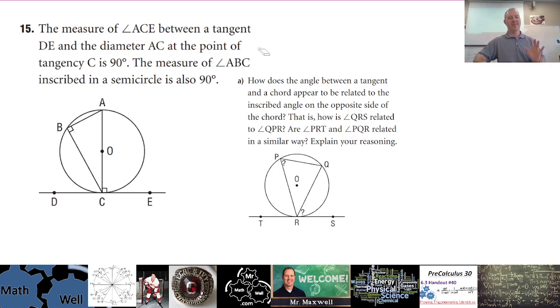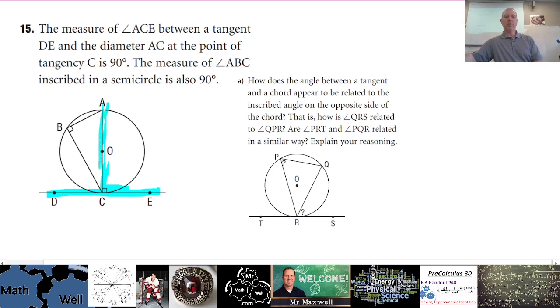Okay. All right. Because not many of you have attempted this one, let me just set it up for you. I'm not going to give you the whole answer, okay? What this is asking is, first of all, it says the measure of ACE, that's this angle right here, between a tangent DE, this tangent DE, and the diameter AC, at the point of tangency is 90.